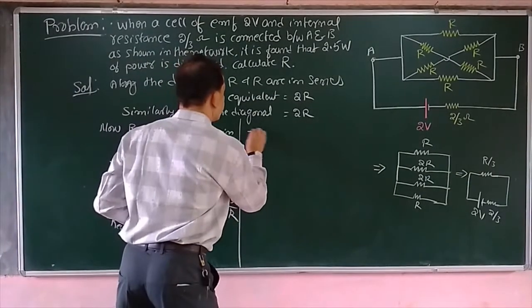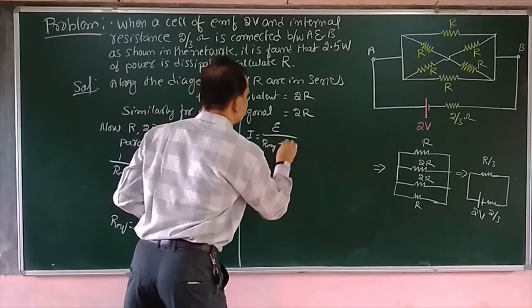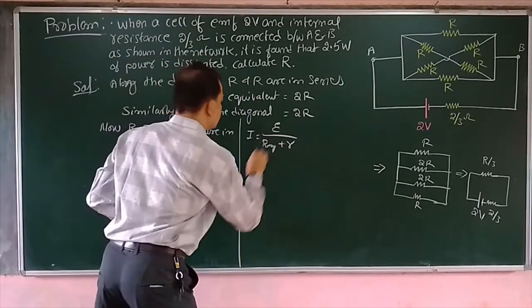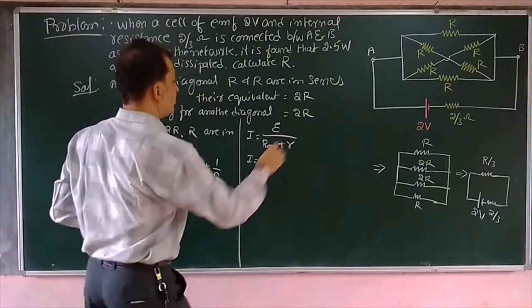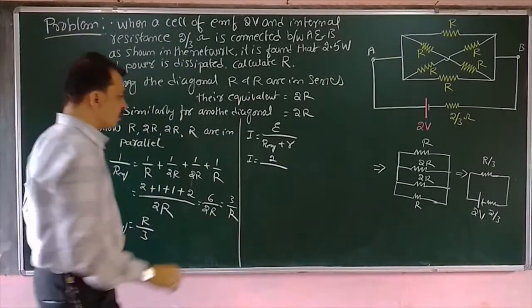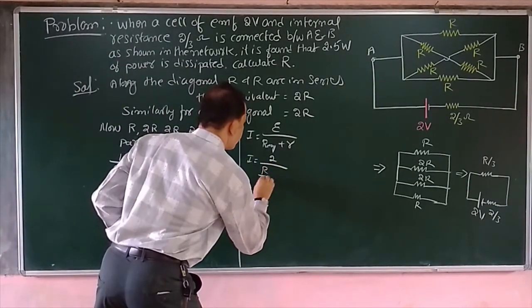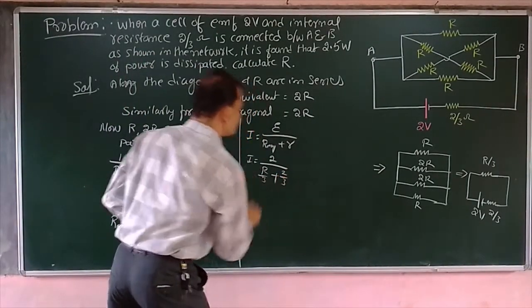We know how we are going to calculate the current in the circuit. I is equal to E divided by R equivalent plus r. Therefore, I is equal to E, EMF is 2 volts, divided by R equivalent, just we have calculated R by 3, plus small r, it is 2 by 3.